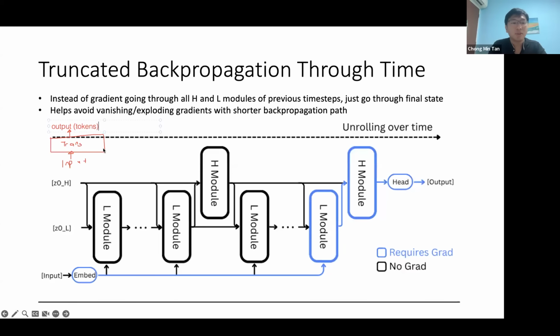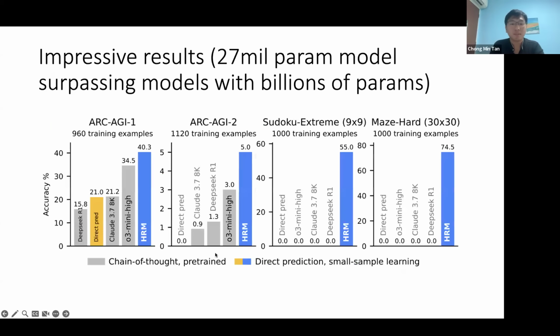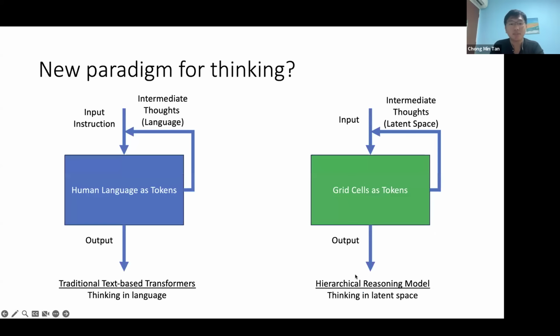You don't get a very good performance compared to this. So that's something interesting about the low level processing and the high level processing that leads to superior performance. You can see the performance here again. The direct prediction is 19% less than the HRM, and the direct prediction can't even solve the rest. So there's something here about the low and high level thing.